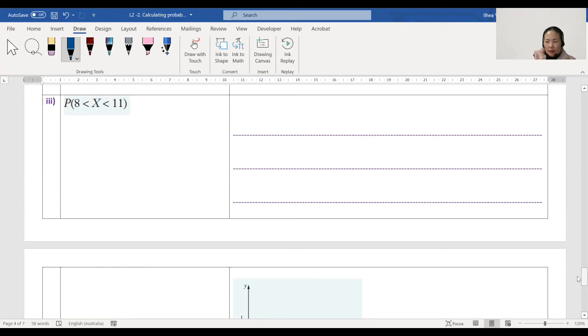It's all going to be the same. If it was in between 8 and 11, the gap is 3, so I'm predicting 3 over 10. P equals 11 minus 8 times 1 over 10, 3 over 10, because the diagram was like this.